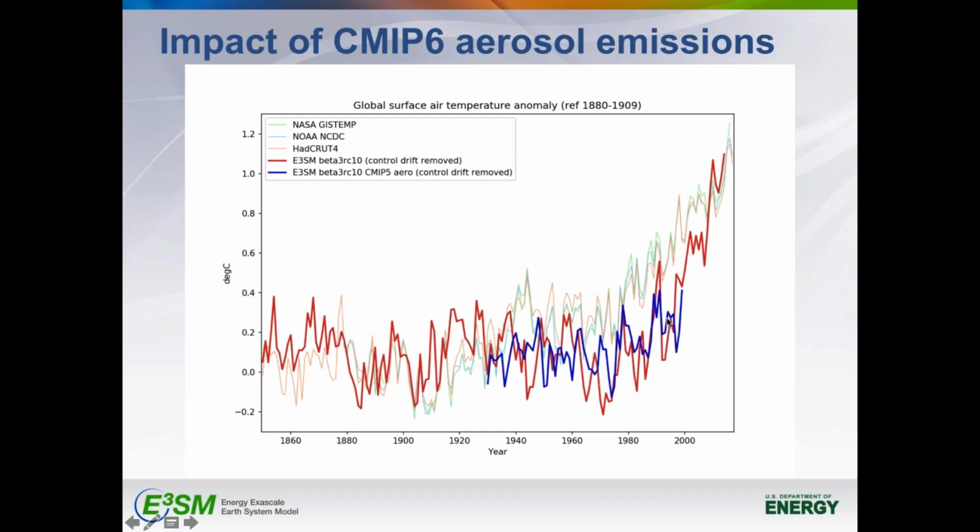And you can see that the blue line and the red line are not dramatically different. Both of them show relatively little warming until you get to the 80s. So we don't think that the relative lack of warming in the 60s and 70s and 80s is related to the CMIP6 aerosol emission.